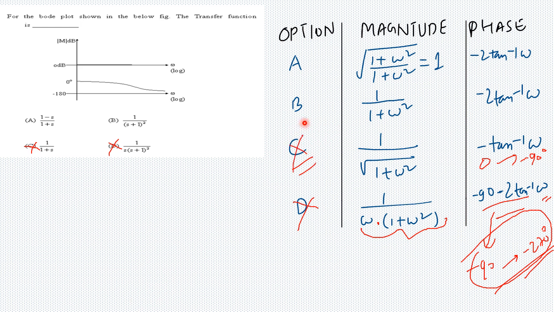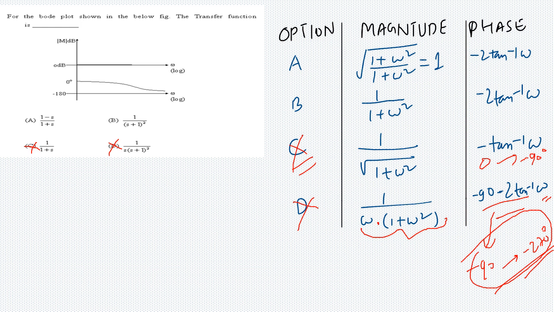Now we go for option B. The transfer function is 1 over (s plus 1) whole squared, which corresponds to a magnitude of 1 over 1 plus omega squared, and a phase response of minus 2 tan inverse of omega.